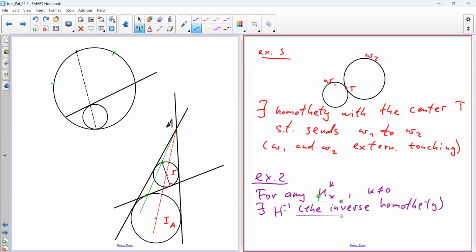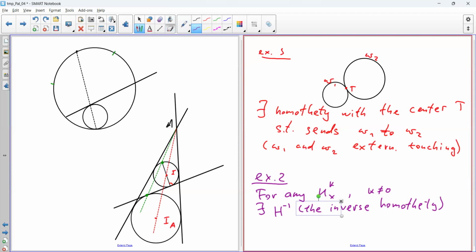Maybe this is not the best way to denote it, because this is supposed to be not the coefficient, but the minus first power of h.